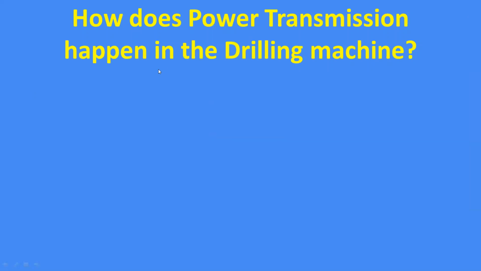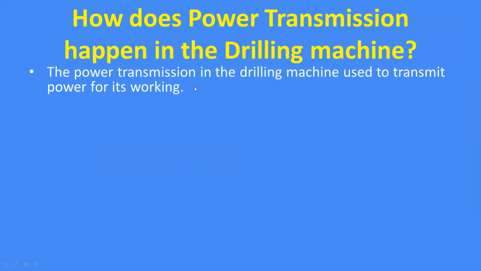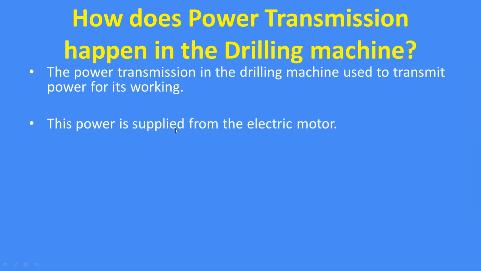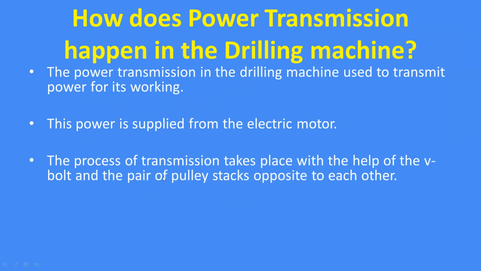Now we have discussed the definition and the different parts of this drilling machine. Now we are going to discuss how power transmission happens in a drilling machine. The power transmission in the drilling machine is to transmit the power for its working. The power is supplied from the electric motor.